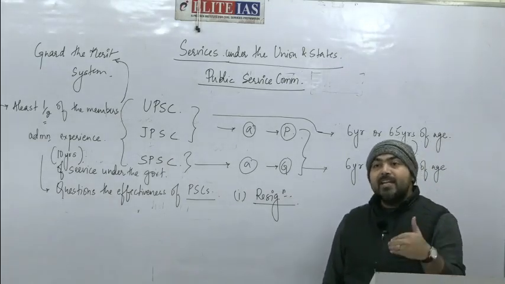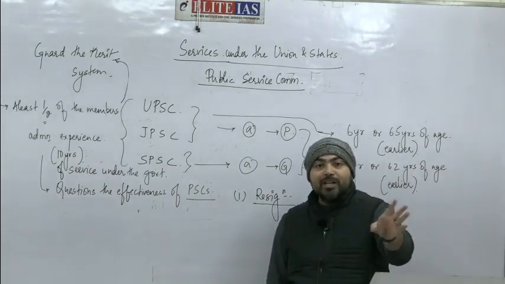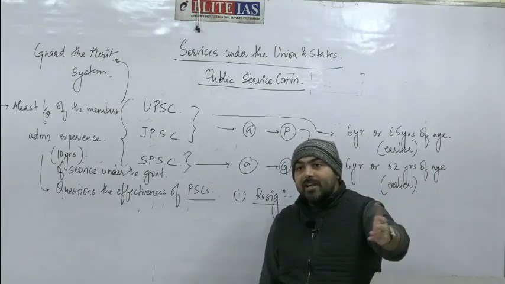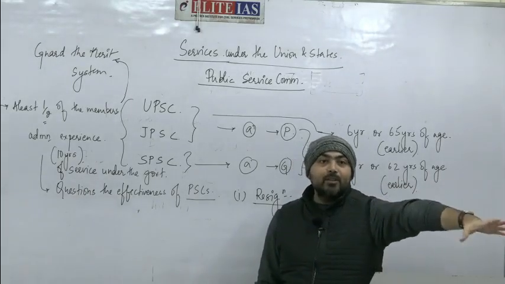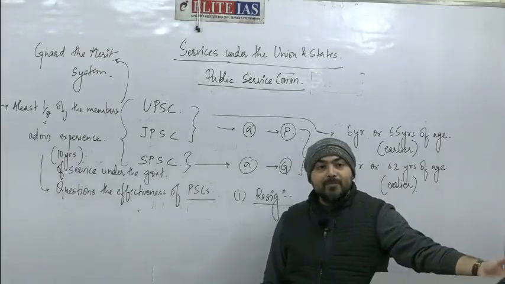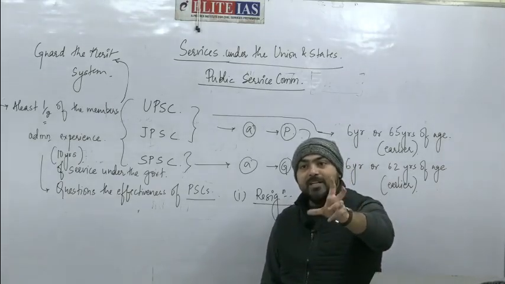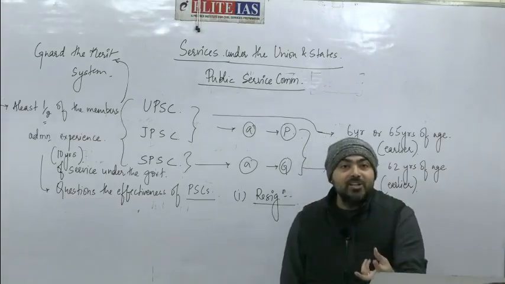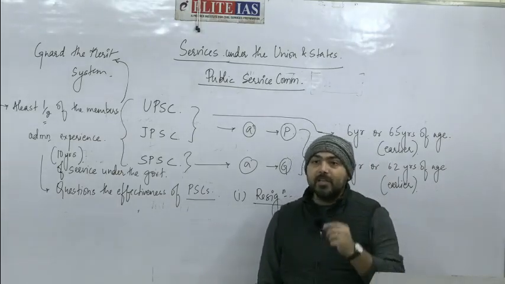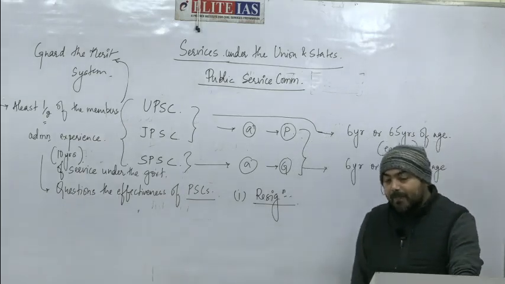So once you make it a charged expenditure, you are ensuring that there is no influence of the executive, because otherwise it will be presented as a money bill. And if it is presented as a money bill, Rajya Sabha does not have powers, Lok Sabha enjoys overriding powers, which means if the executive wants, they can alter the expenditure. So once it is a charged expenditure, it cannot be altered. Clear?